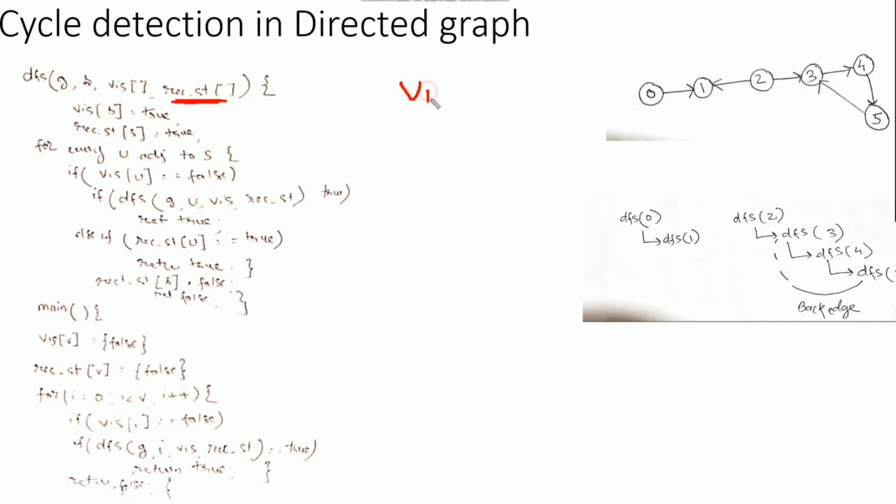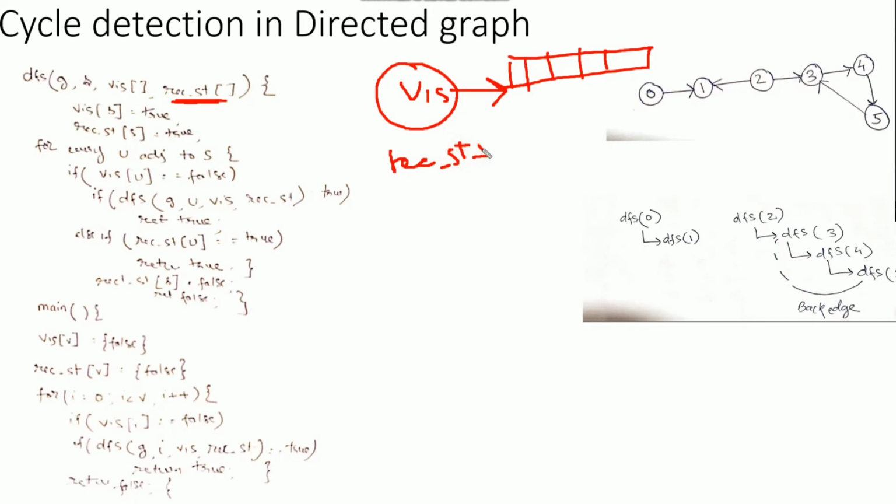One is the visited array, which will keep track of all the vertices visited during traversal of the graph. And there will be another Boolean array known as the recursion stack array, or any name we can write, no problem. The task of this recursion stack array is to keep track of the vertices visited during the recursive tree.